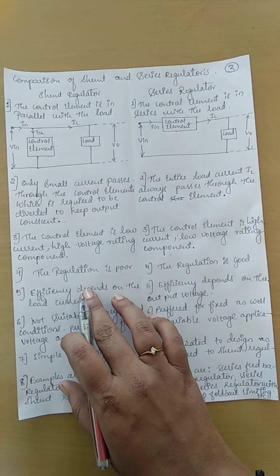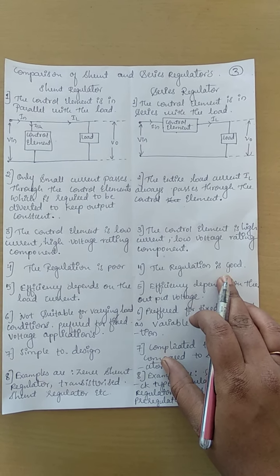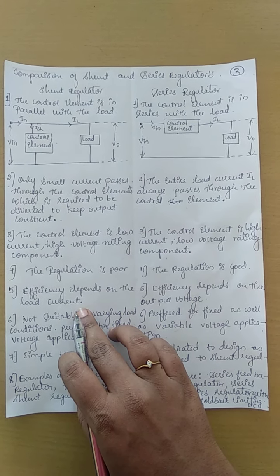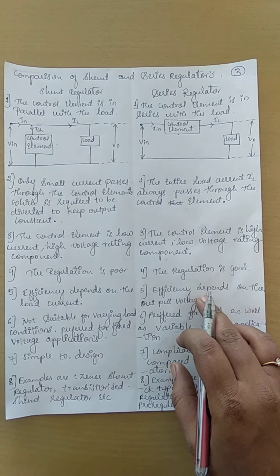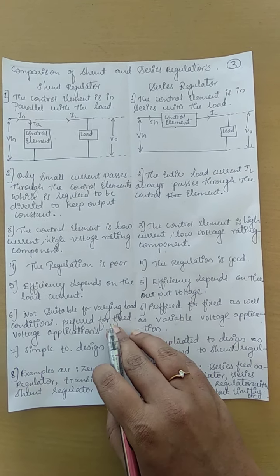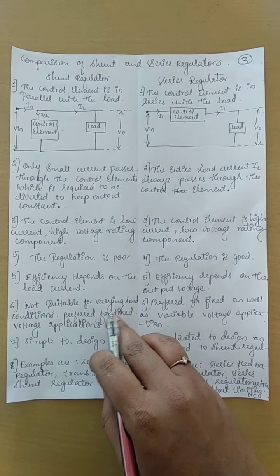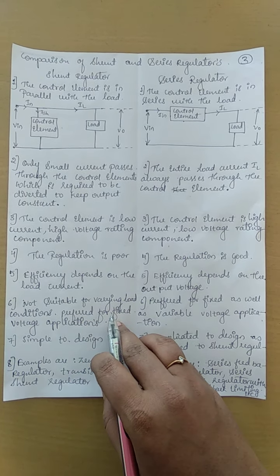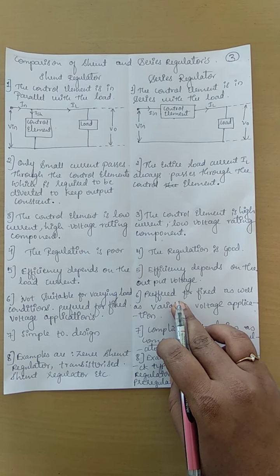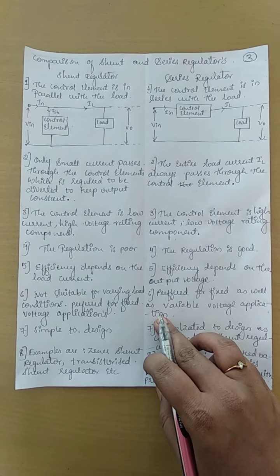The regulation is poor in the shunt regulator, and regulation is good in the series regulator. Efficiency depends on the load current in the shunt regulator. Efficiency depends on the output voltage in the series regulator. The shunt regulator is not suitable for varying load conditions and is preferred for fixed voltage applications. But the series regulator is preferred for fixed as well as variable voltage applications.